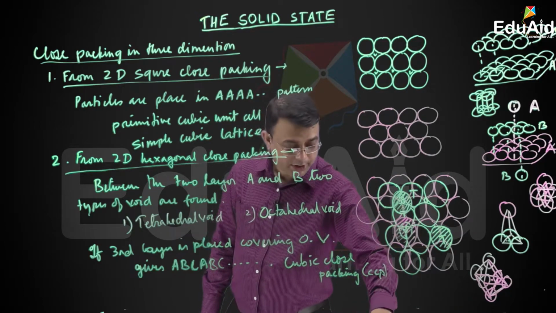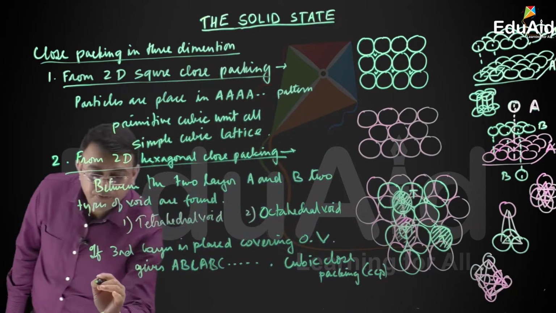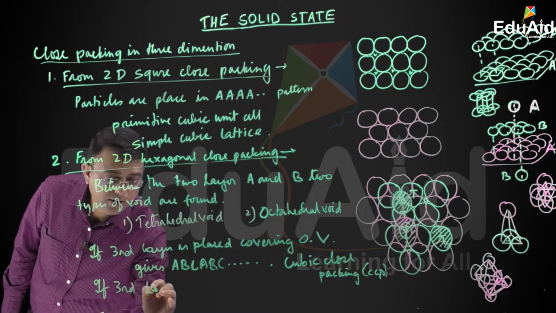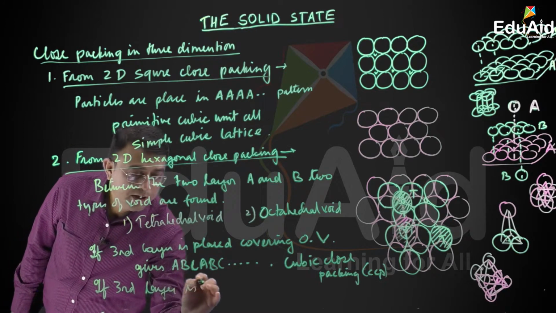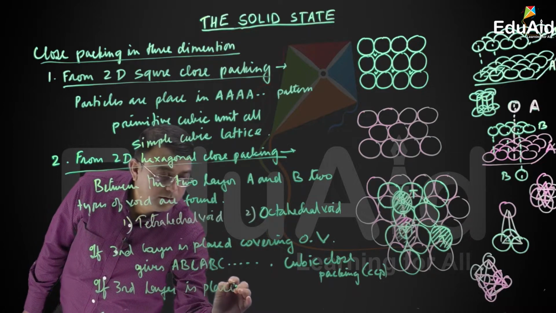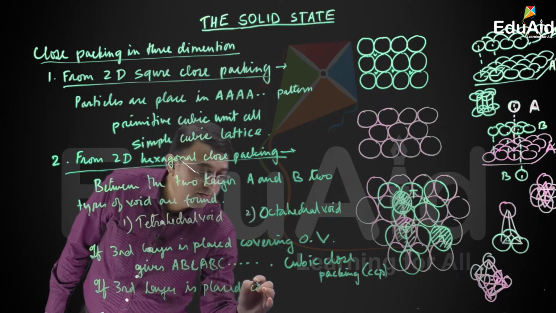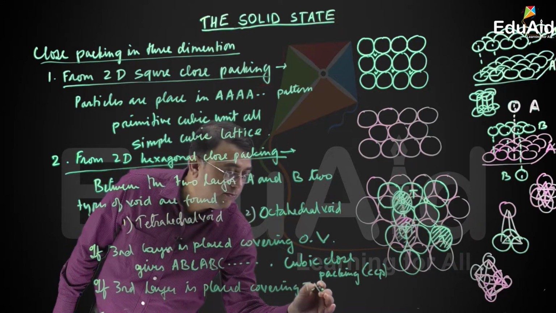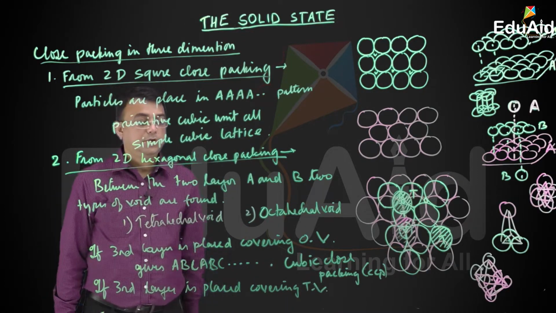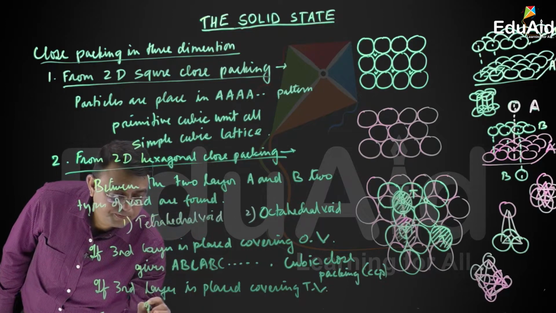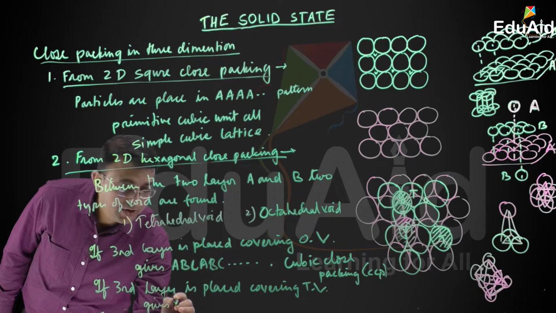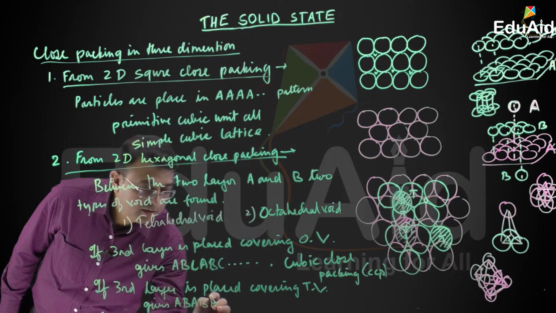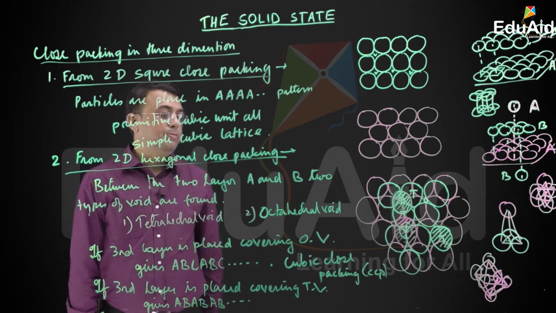So if the third layer is placed covering the tetrahedral void, it gives an AB pattern.